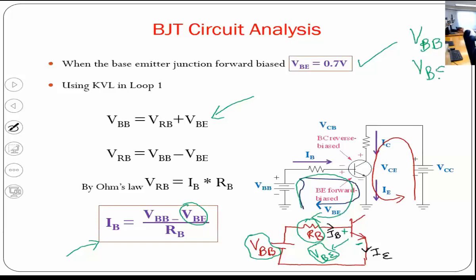VBE is the voltage, that's what V is for, between base and the emitter. Again, all these subscripts indicate the transistor leads. So RB is just resistance on the base. Of course, IB is the base current. IE is the emitter current. So these are all in relation to the transistor terminals.